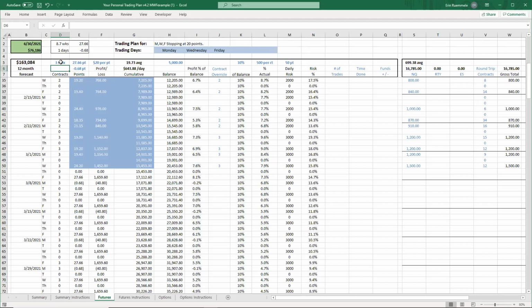If you're looking for something more, well, maybe you want to go up to 5 contracts. Okay, so now your 12-month forecast is looking more like 256,000. The personal trading plan allows you that flexibility to plan ahead for what is best for you. We also have the option to add funds if you want to, or take funds out if you need to, if you're looking for a means of payroll for yourself.